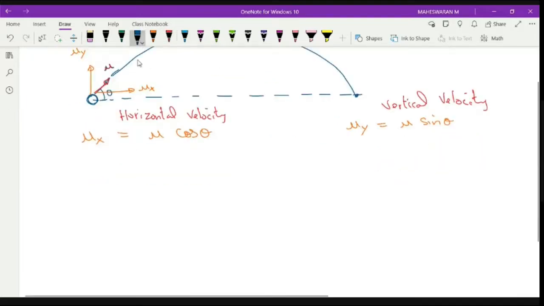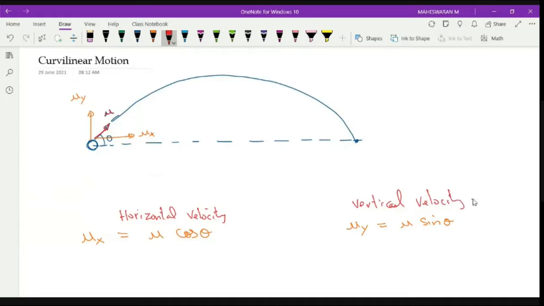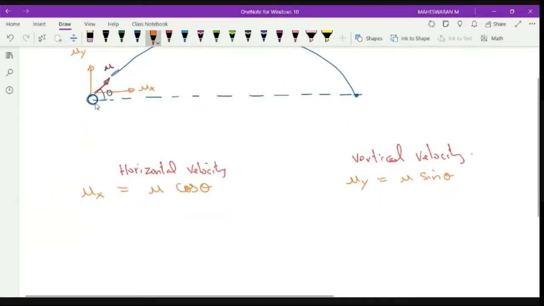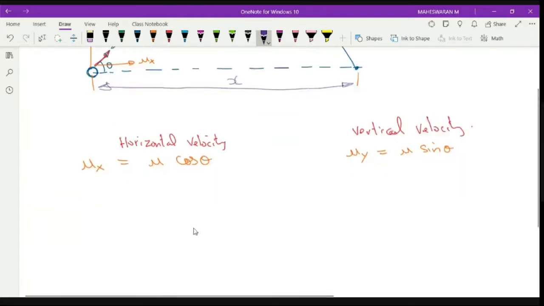Now for horizontal velocity, what can you identify? You can identify the distance it is traveling. Let me consider this as x. You can identify the value of x, right?